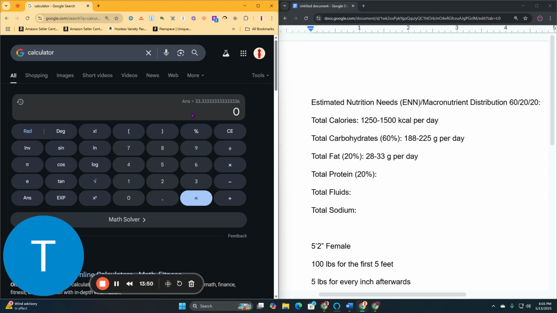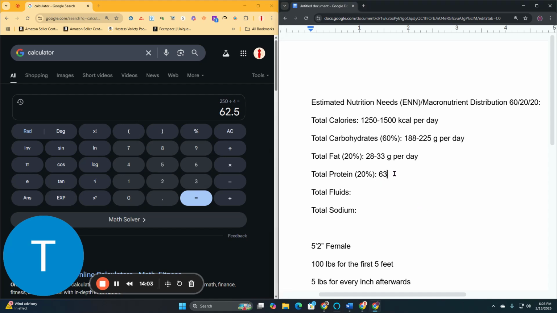So we have 1,250 times 0.2 divided by 4 gives us about 62.5 grams. So we'll do 63. And then we have 1,500 times 20% divided by 4 calories equals 75 grams of protein per day.